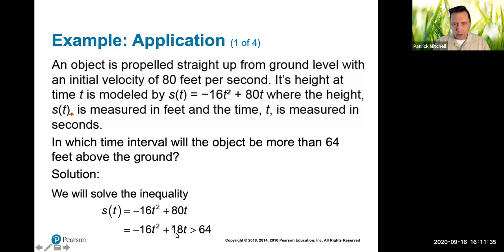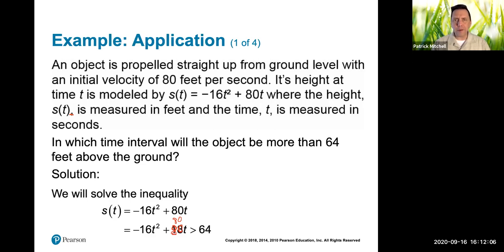Let's do it like this. All right, so the height of the object is given by s of t. I'm trying to make this an 80. It's not working out very well, so maybe I'll just put the 80 here like this. Okay. So the inequality that we need to solve is negative 16t squared plus 80t is greater than 64.